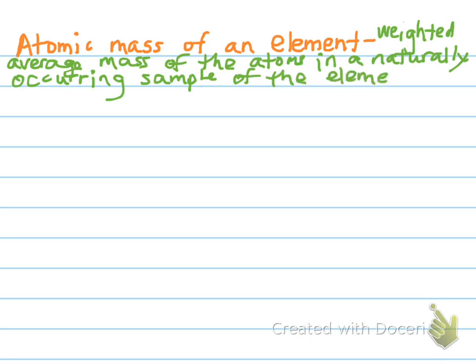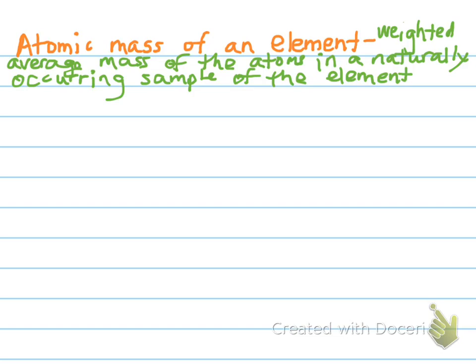So for hydrogen, that takes into account the 99.985% hydrogen 1, but also the smaller percentages of hydrogen 2 and hydrogen 3 that exist in nature.